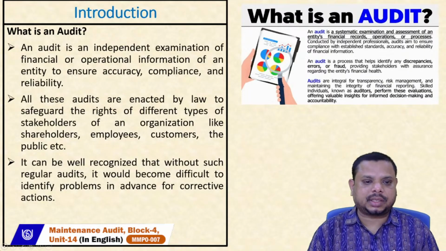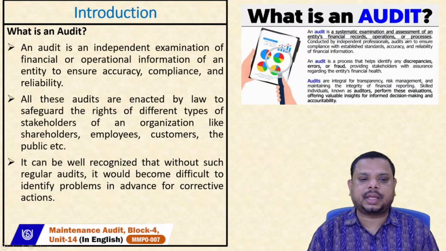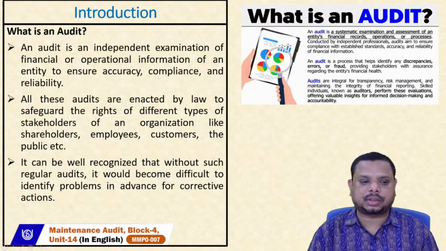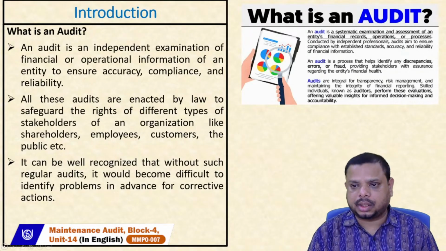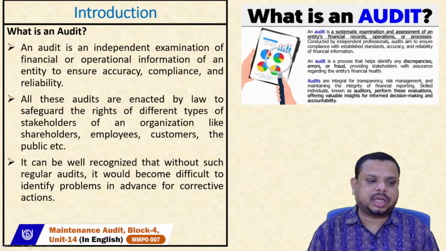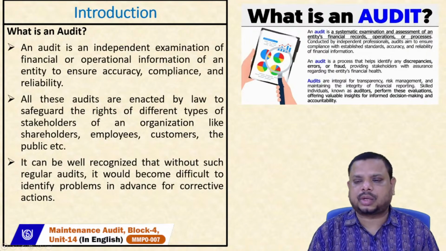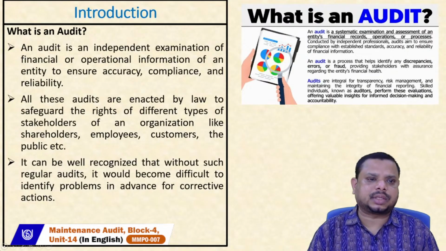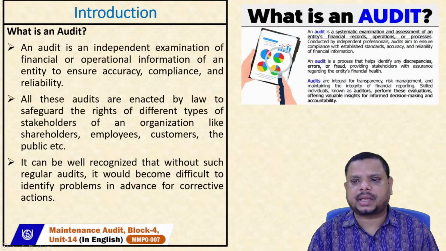The second important part is that different types of audit are enacted by law to safeguard various stakeholders of organizations, employees, customers, and even the public. And if you do not implement regular audits inside your organization, it is very difficult to identify and implement the corrective actions essential for the organization. That is why audit is mandatory, applied to maintain a higher level of accuracy.